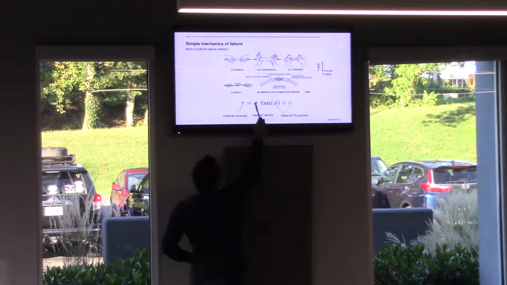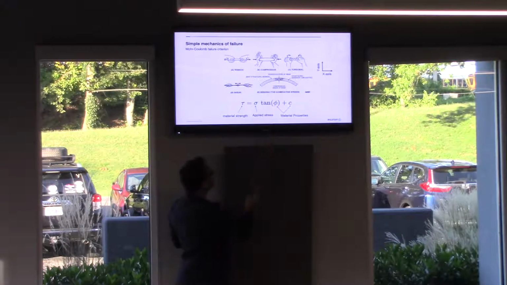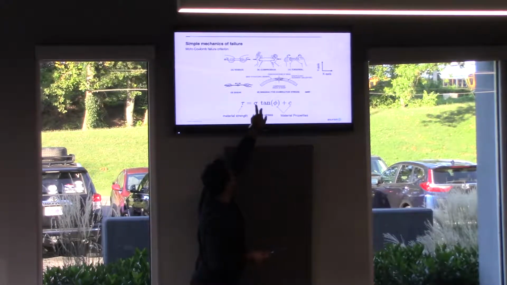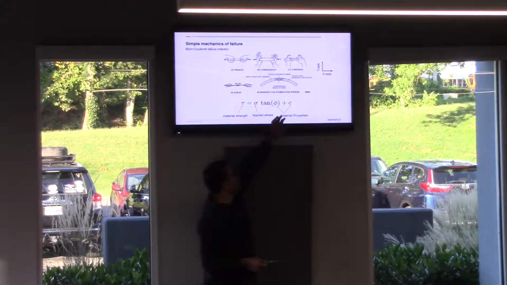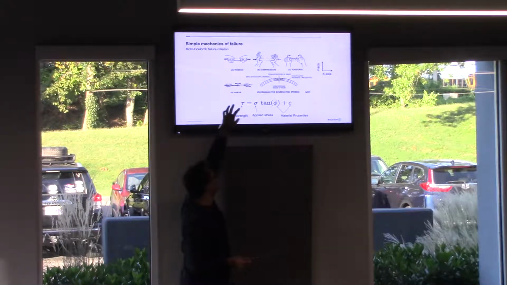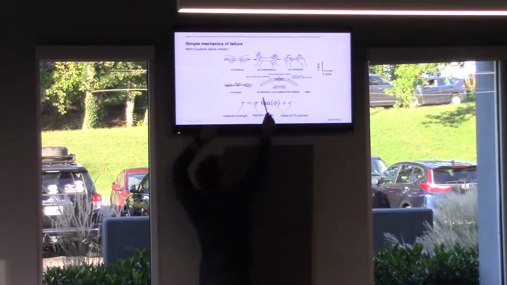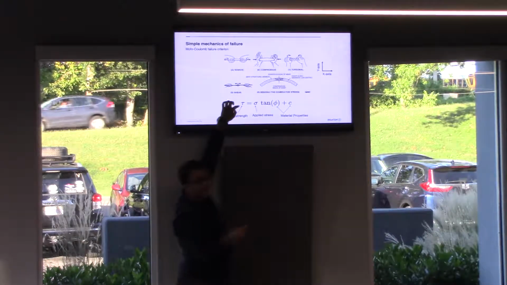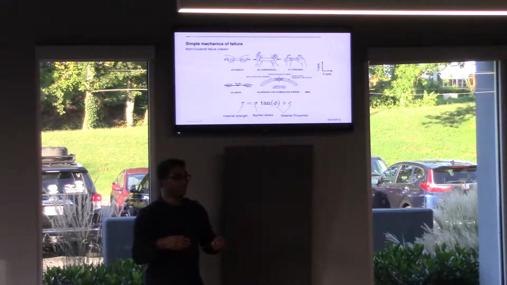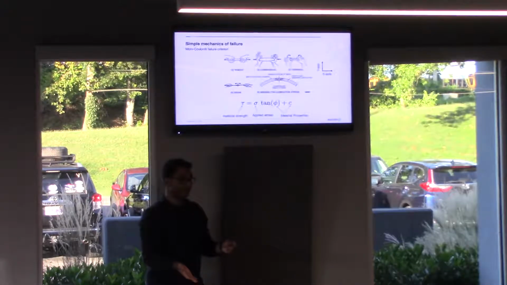So for any combination of stress and material properties here, if your stress increases and material properties kind of increase, then it's very likely that it's going to exceed this tau. Right? So whenever the combination of these parameters is going to exceed tau, at that point the material will break down, material failure will happen. Right?